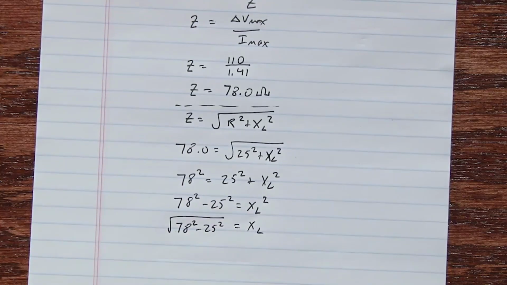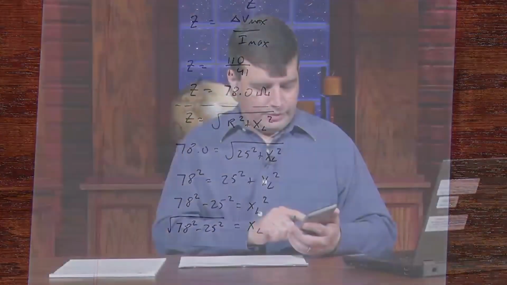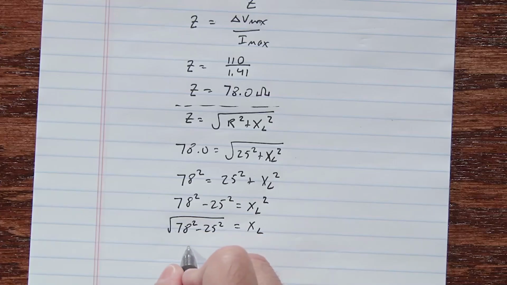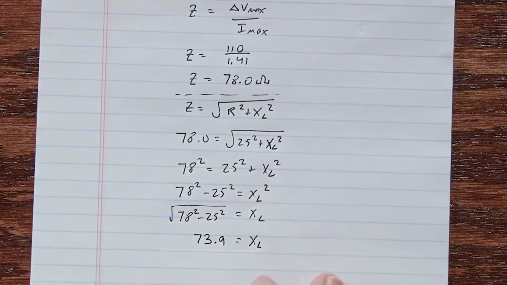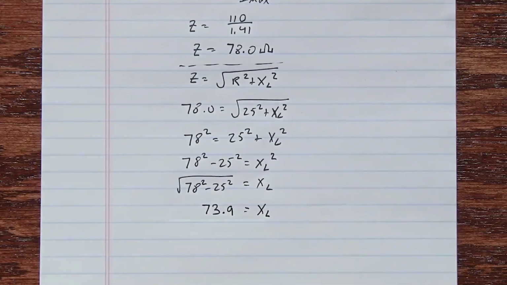And what is that number? The square root of 78 squared minus 25 squared is equal to 73.9, which is X sub L. So we found the inductive reactance.